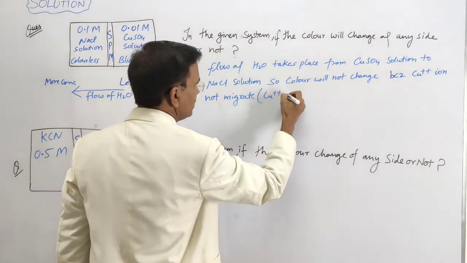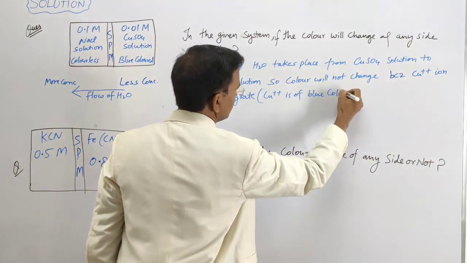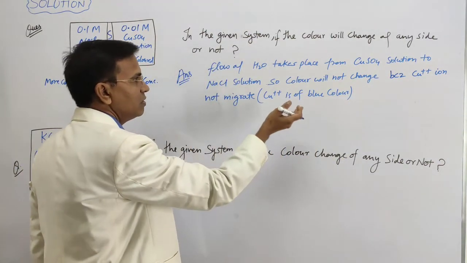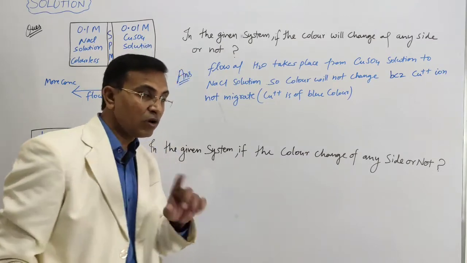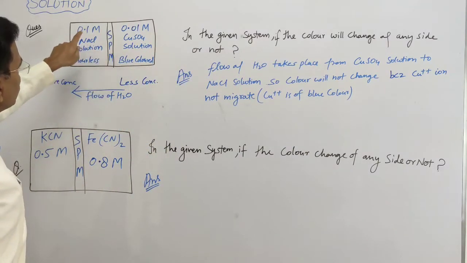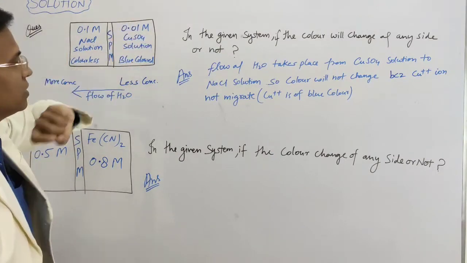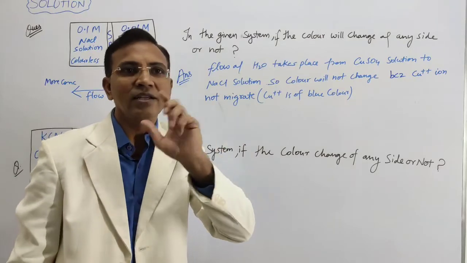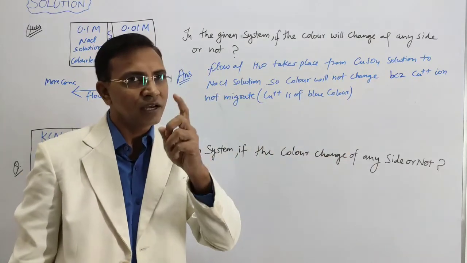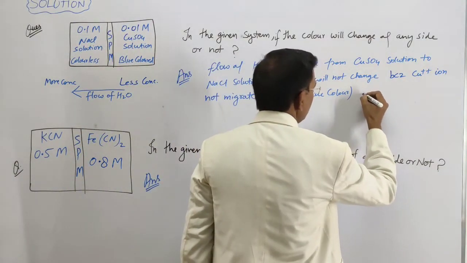Cu2+ ion is of blue color, right? So here only the movement of water takes place, from the copper sulfate solution to the NaCl solution, so the copper sulfate solution may become somewhat dark in color because water is eliminated.